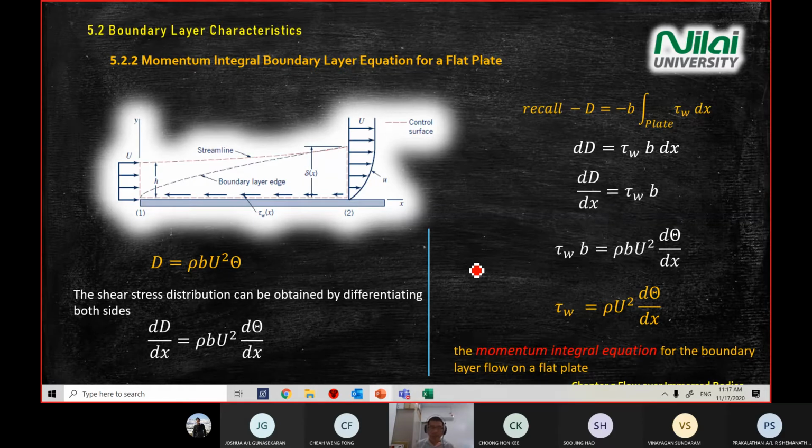Later on, when we solve problems, we won't go through all this derivation again. We will straight away use the momentum integral equation, and then you should be able to understand why we use this equation.